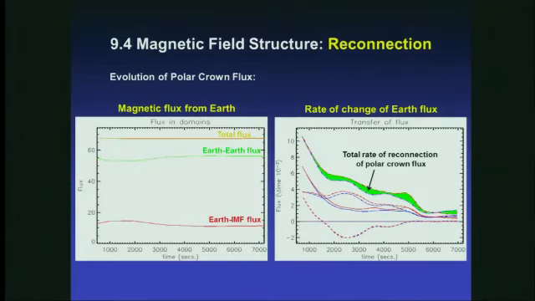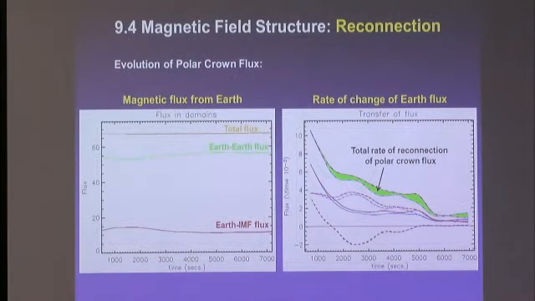Now, if we simply plot how much flux is connected from the Earth to the Earth, there's a bit of a change to begin with, but that's when the whole model is setting up. Towards the end, it's almost a flat line. And again here, how much flux is connected from the Earth to the IMF, or vice versa, IMF to Earth, exactly the same. That's almost a perfect straight line. Now this suggests that there is no reconnection going on, but there is in fact reconnection going on.